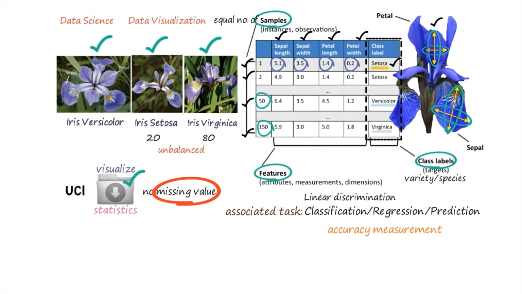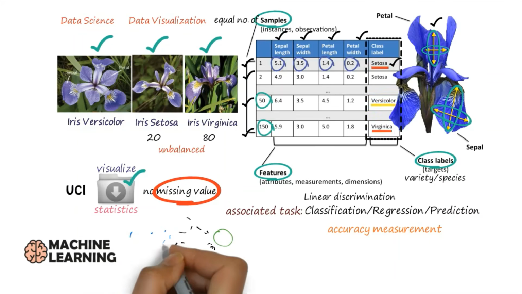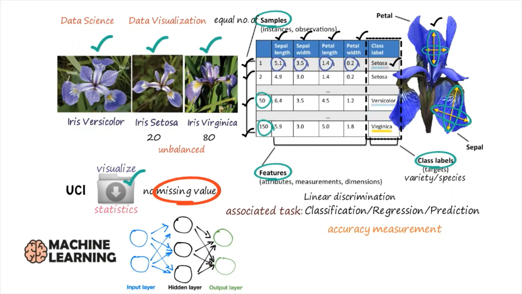For that reason, we will use a machine learning model that will help us classify these three categories clearly. After employing a machine learning model on this data set, we will try to find out the accuracy.